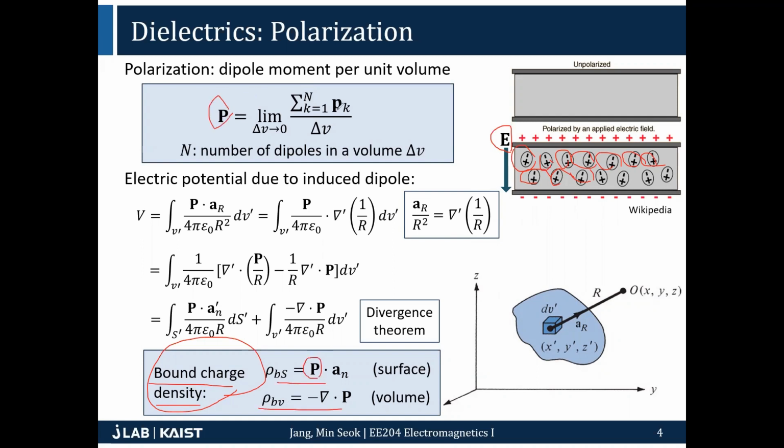And the P field is the volume average of the dipole moment. So P dot AN gives you surface bound charge, and divergence of P gives you volume bound charge. I'll keep reminding you about this concept throughout the lecture, so if you don't understand it now, it's not a big problem.